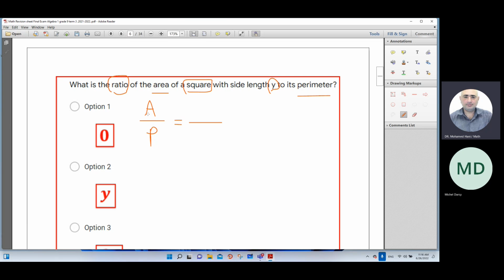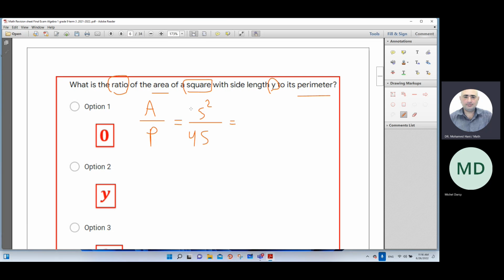So what is the area of the square? The side times side, or side squared. And what is the perimeter? 4 times the side. So up we have s to the power 2, and down we have 4 times s to the power 1.